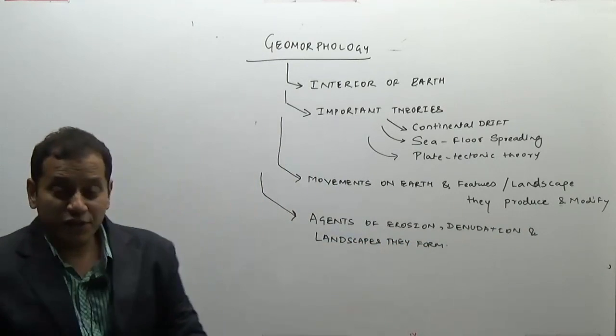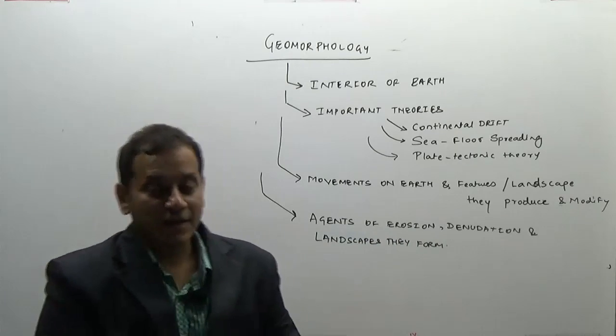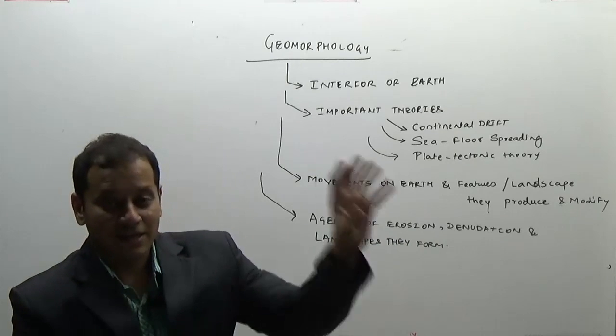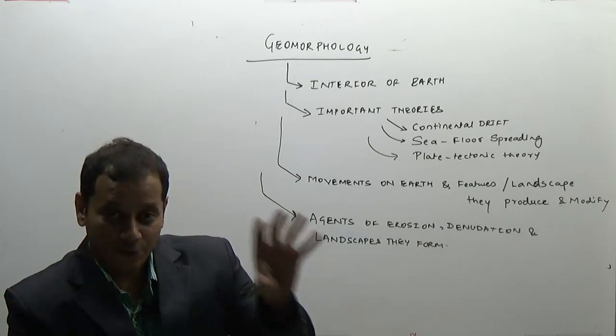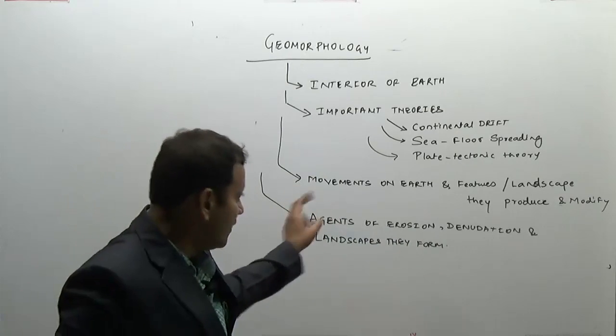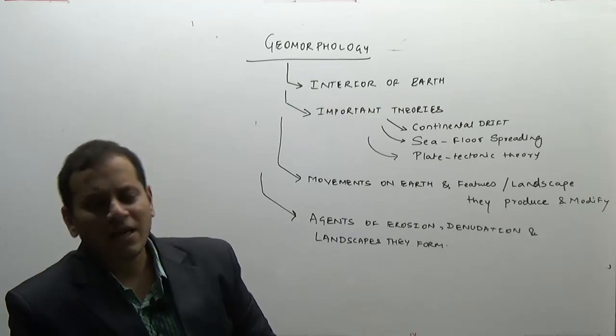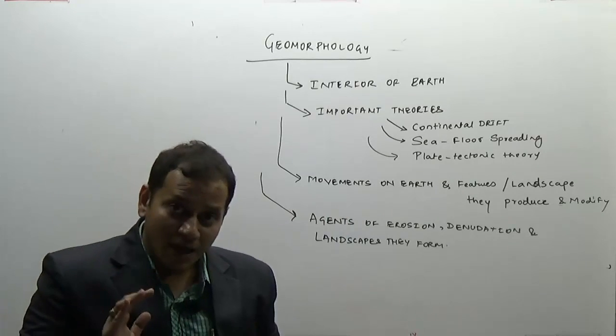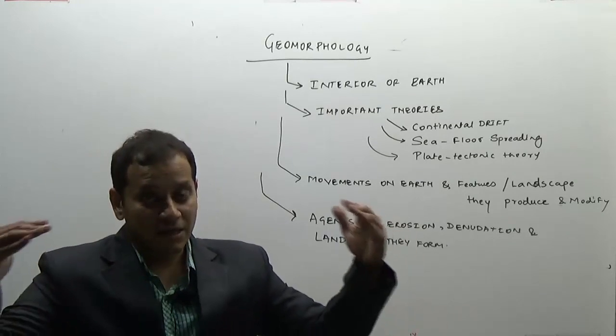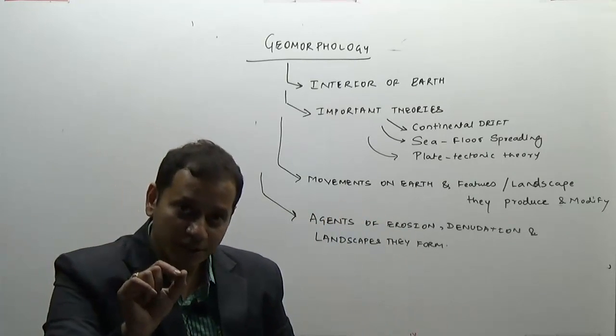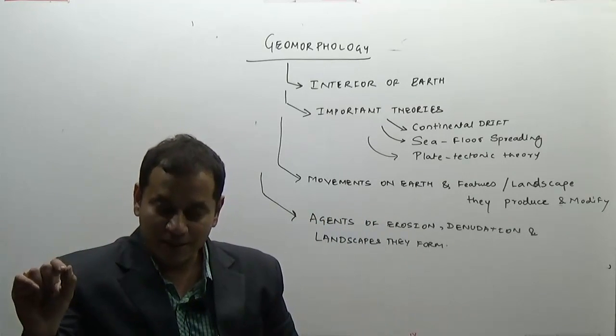So starting first from the interior of the earth, the important theories, that is the continental drift theory, seafloor spreading, plate tectonic theory. Then third, the bigger part, movements of the earth. That is what are the kinds of movements. Some movements are inside the earth, some movements are on the outside of the earth, that is endogenetic movements and exogenetic movements.